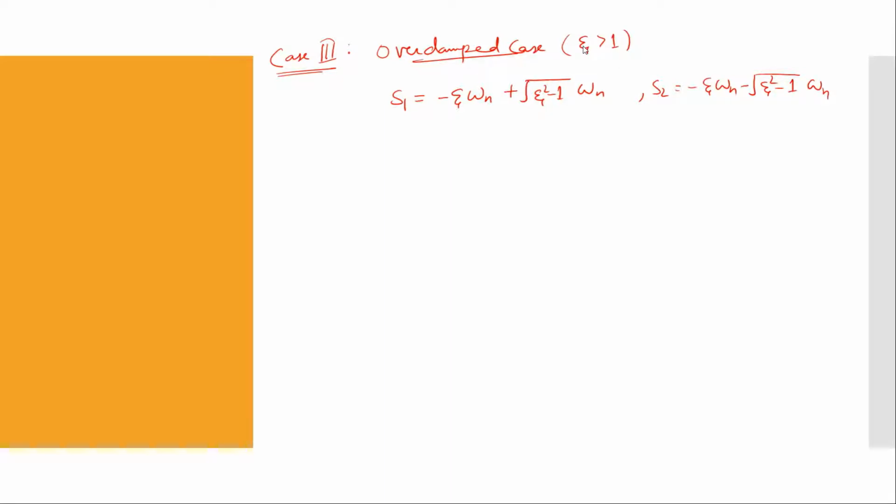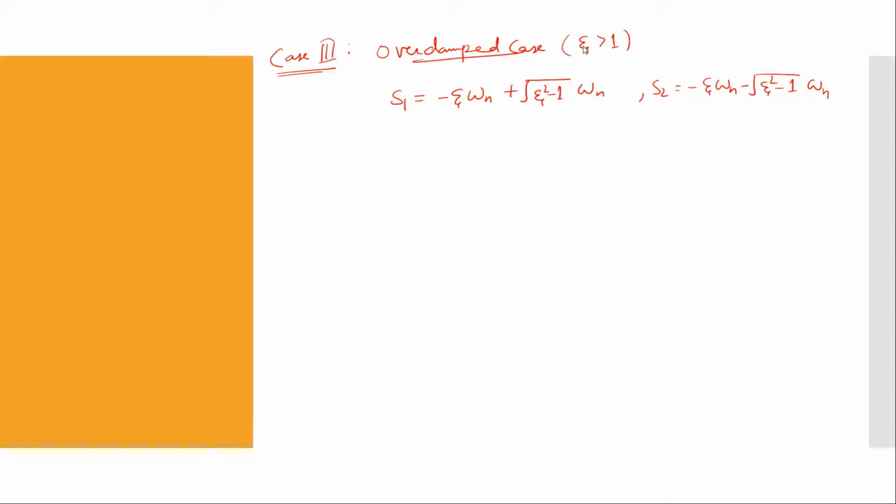Now xi is greater than 1, so therefore this value would be real. So two real roots would be there.